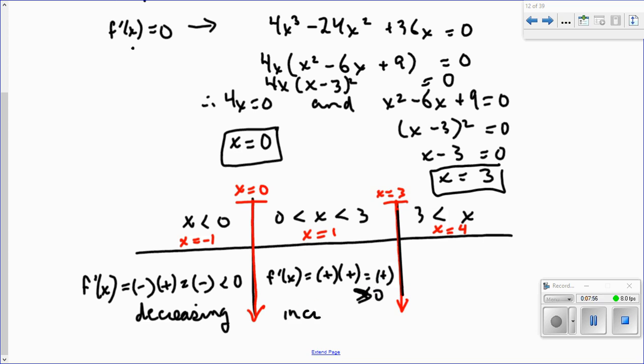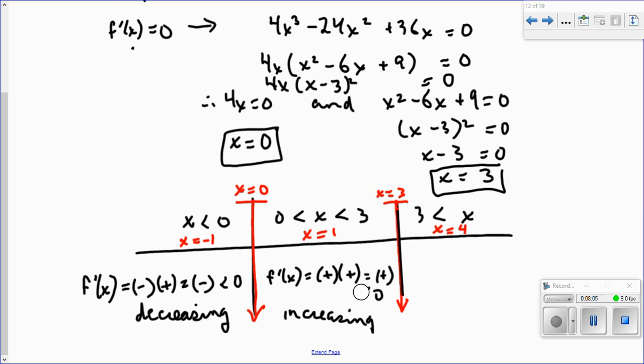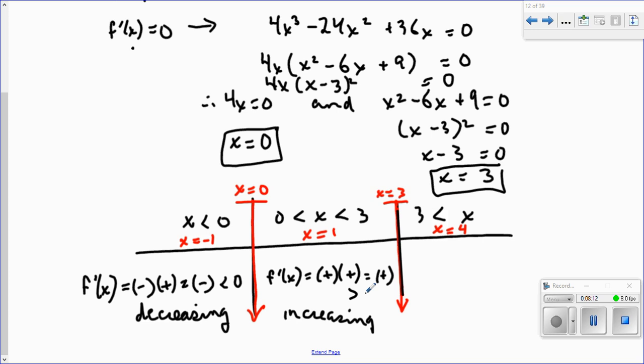So that's an increasing interval. And the next one, when x equals 4, that'll be a positive and a positive. So my derivative function is positive. Two positives make a positive, and that's also increasing.